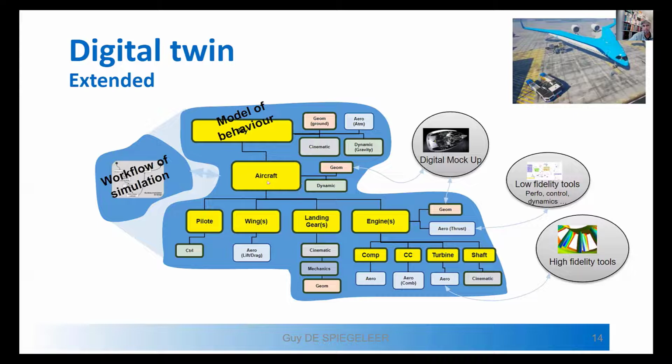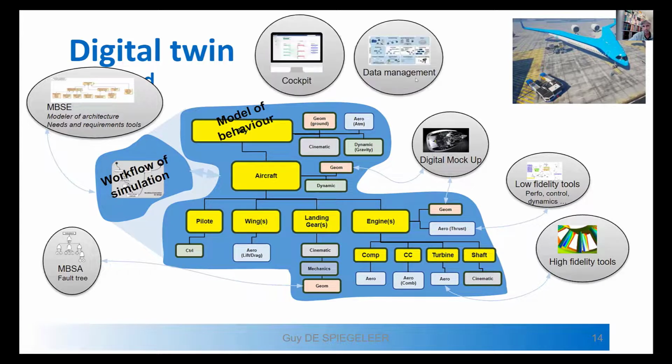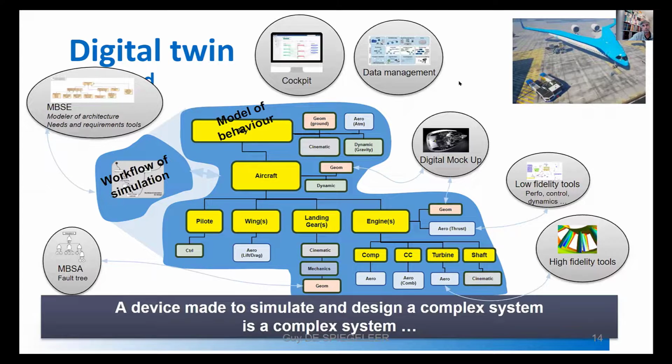This is the device inside the digital twin. You can connect it also to the model of architecture and to the safety assessment, and to the cockpit, and to the data management. So you see that with this kind of device, you can reconnect naturally all the parts of your digital twin within your system.